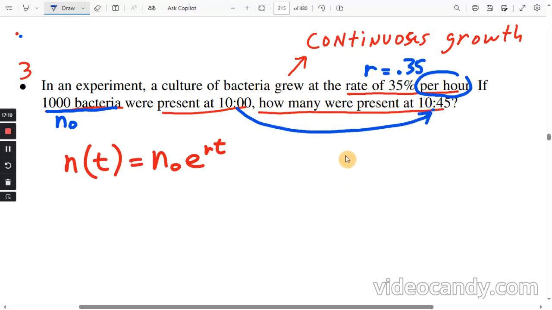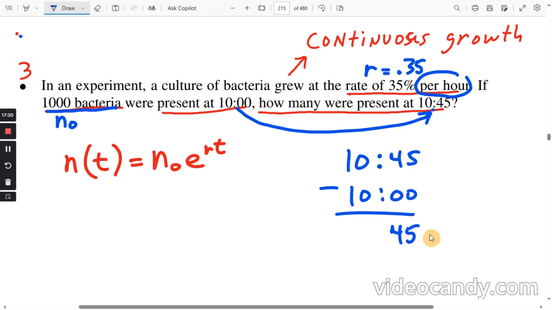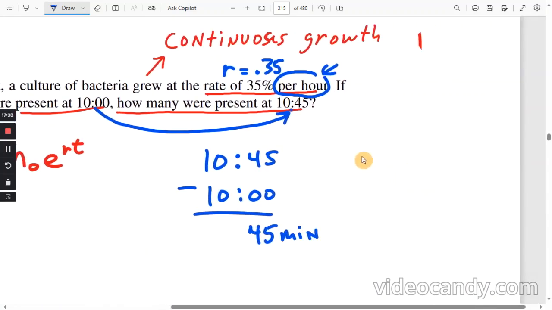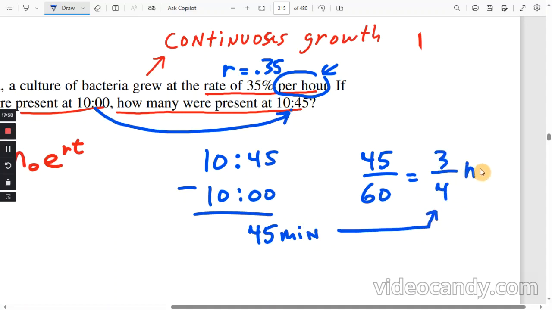If we end at 10:45 and we started at 10, obviously that's 45 minutes. But we need it in terms of hours. So how many minutes in an hour? If you do 45 divided by 60, and then reduce, 45 divided by 15 is 3, and 60 divided by 15 is 4. So 45 minutes is the same as 3/4 hours.